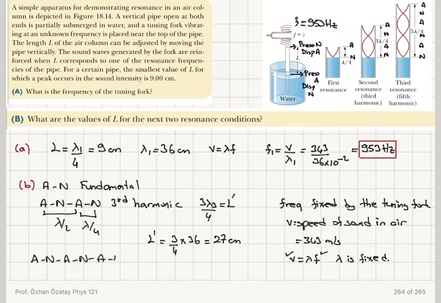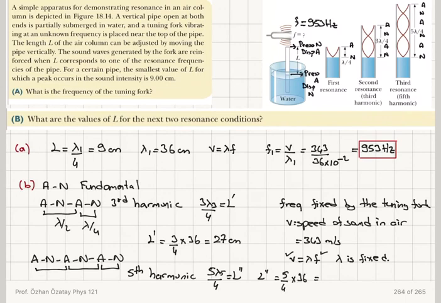centimeters. And for the next resonance condition, I have AN, lambda over 2, lambda over 2, lambda over 4, fifth harmonic. This is going to give me 5 lambda 5 over 4 is equal to L double prime, but lambda 5 is the same as lambda 1.